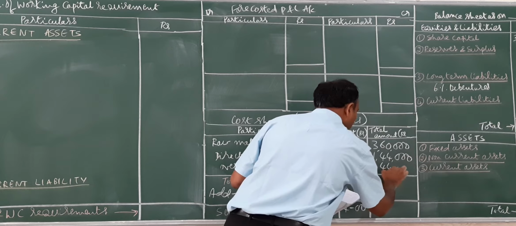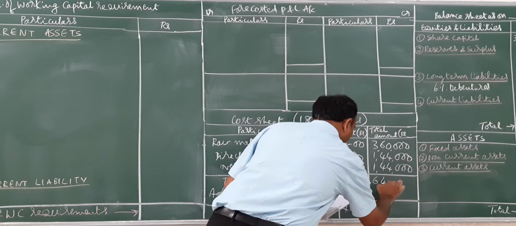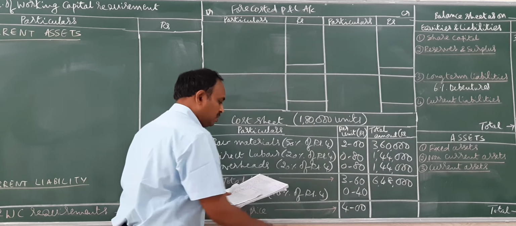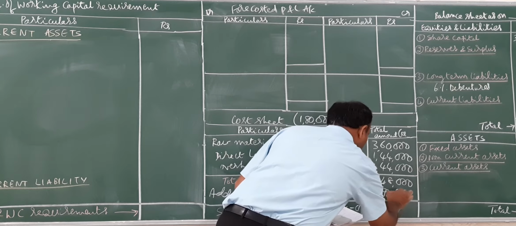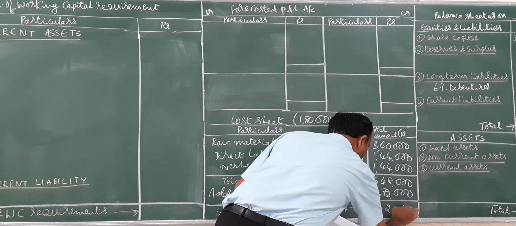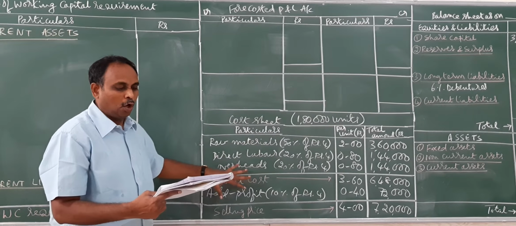Again 80 paisa into 1,80,000, 1,44,000 only. Total cost after adding all the three elements, 6,48,000. 40 paisa into 1,80,000, 72,000 rupees. Add cost and profit, 7,20,000 rupees. So first I have completed the cost sheet.